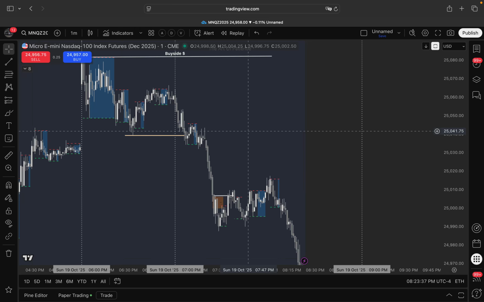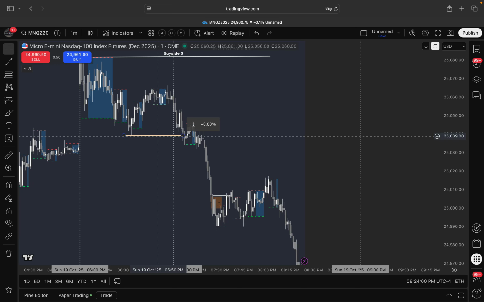So once we have that in place, and the minute that it turns 7 p.m., we're going to wait for price to either take out the buy side or the sell side liquidity. Why are we waiting for price to take it out?